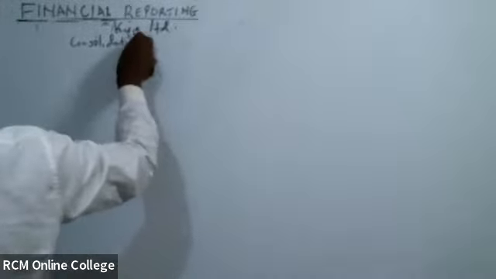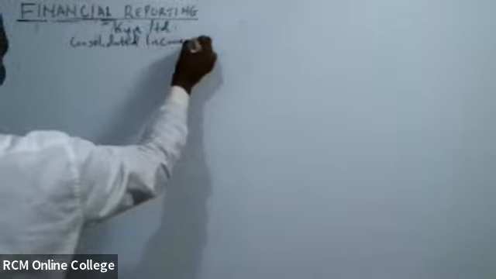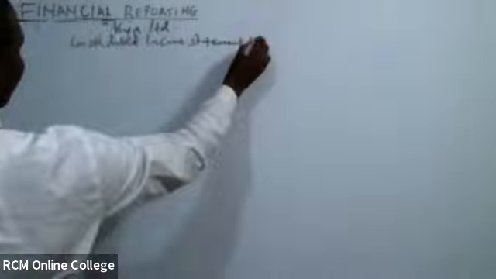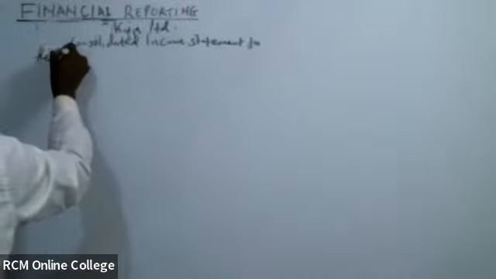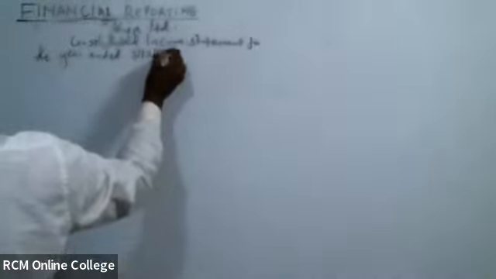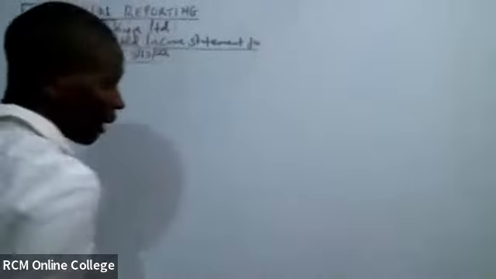EAS Limited consolidated income statement for the year ended 31st of March 22. That is now nice. Pro forma.